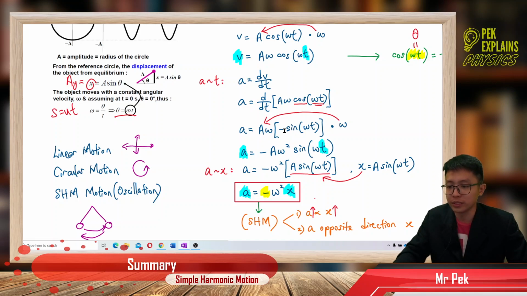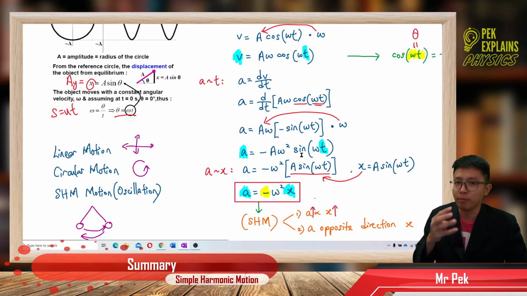So a equal to negative A omega square sine omega t. I hope you know how to differentiate this trigonometry formula. You already learned this in your mathematics, so just apply your mathematical knowledge of differentiation into physics.